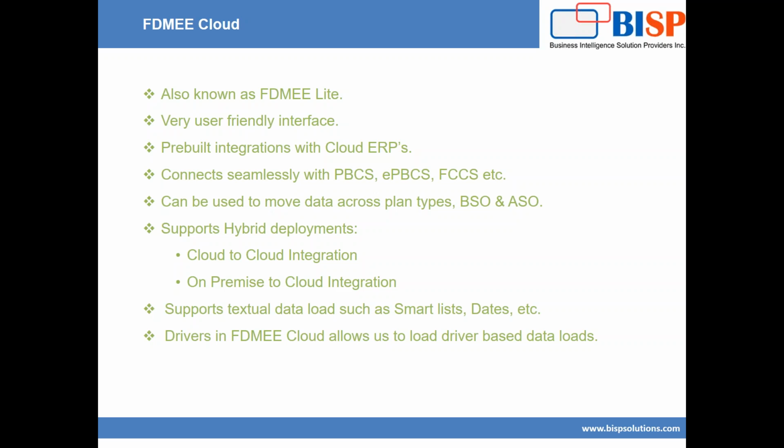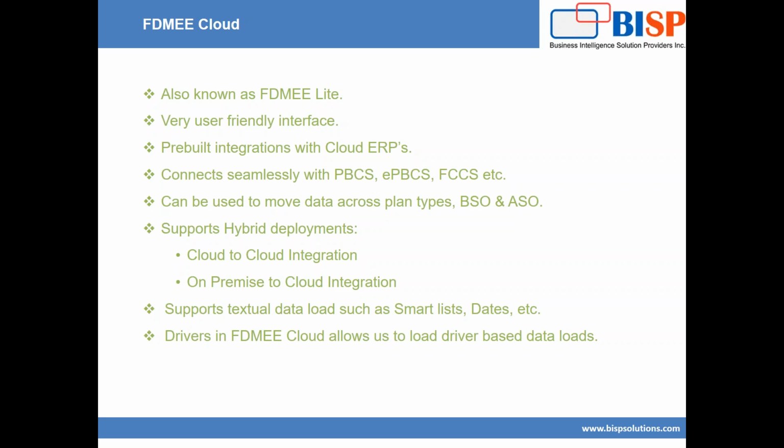It doesn't come with the reporting cloud. So PBCS, ePBCS, FCCS, and ARCS are the four EPM cloud products where you will get FDMEE pre-built along with them. It is just a single subscription which you have to subscribe to, and along with the planning cloud, you will get FDMEE Cloud as well.